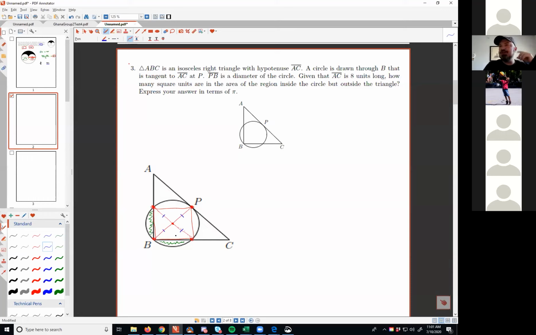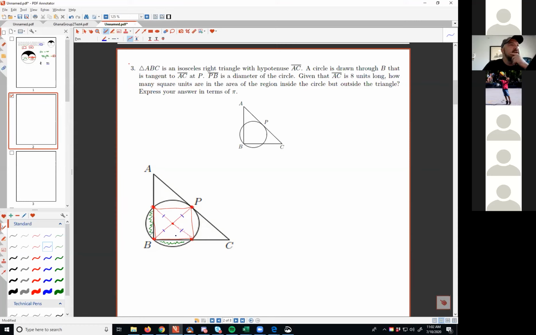And so if we draw a circle with that radius, then that circle does go through B and it's tangent to the hypotenuse at P. So this is what we're talking about. So we are looking for the sum of the areas of 2 90-degree segments.